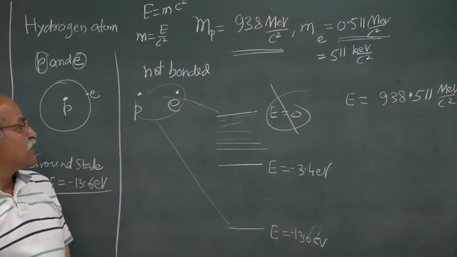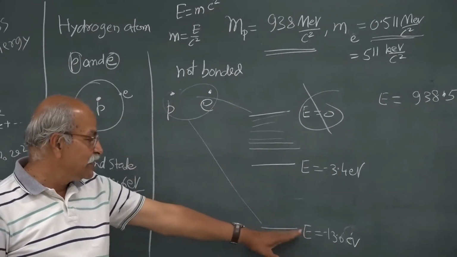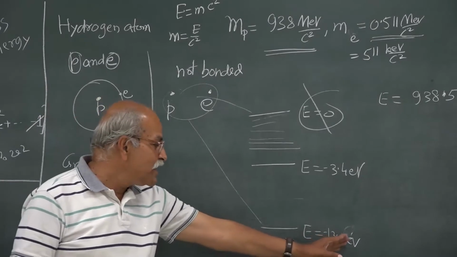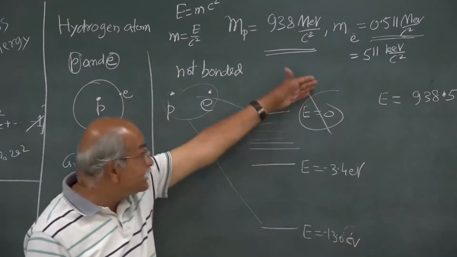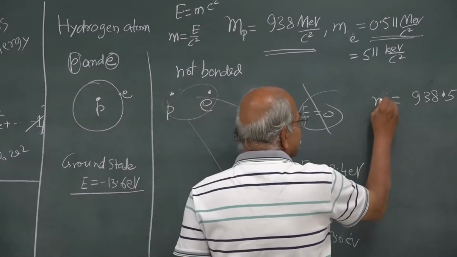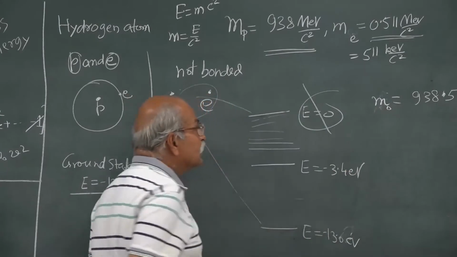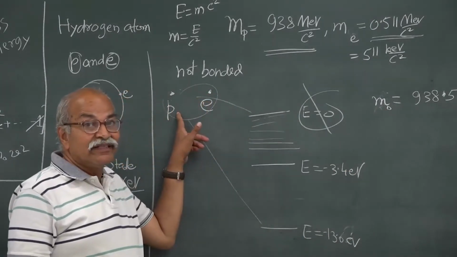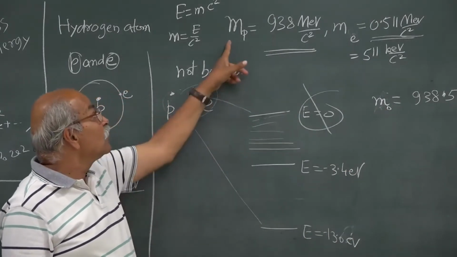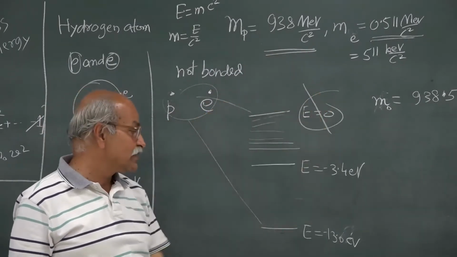The sum of rest mass energies of proton and electron, then this energy will be 13 eV less than this energy. So, the mass will accordingly, okay, this I am writing as mass. M naught, rest mass, this proton is at rest, this electron is at rest, this is all rest mass. So, the rest mass is this much.